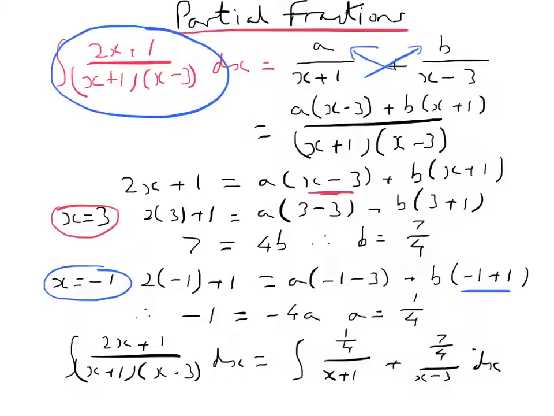So what that's done, we haven't done any anti-differentiation, any calculus yet. What we've done is a bit of algebra and resolved and turned a fraction, complex fraction, into the sum of two simple fractions.